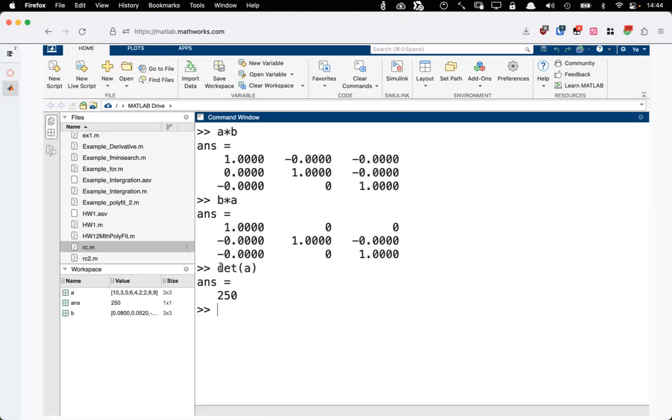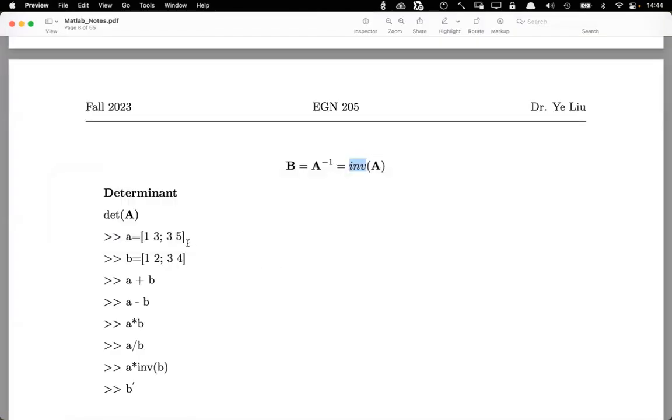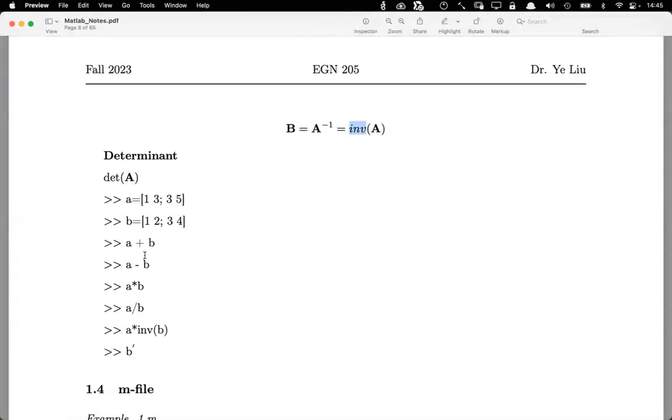Only when the determinant of a matrix is not 0 can we get an inverse matrix for the original matrix. Okay, so these are some examples, you can do them by yourself.